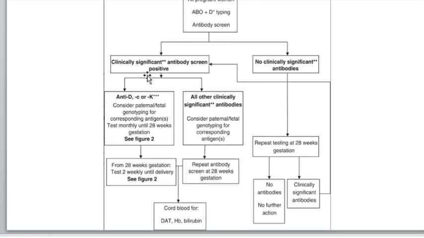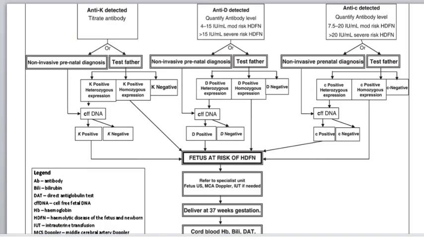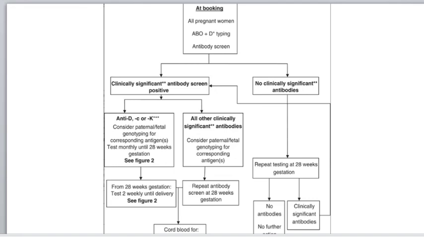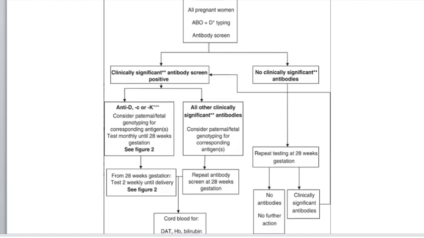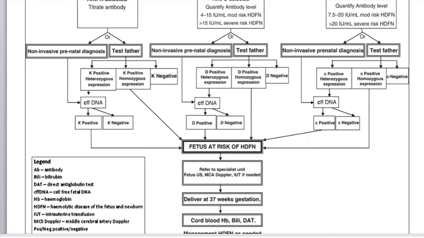If a clinically significant antibody is positive, then check which one it is, whether anti-D, anti-little c, or anti-big K. Then, as we discussed, paternal genotyping, fetal genotyping, monthly testing till 28 weeks, and then fortnightly till delivery timing.